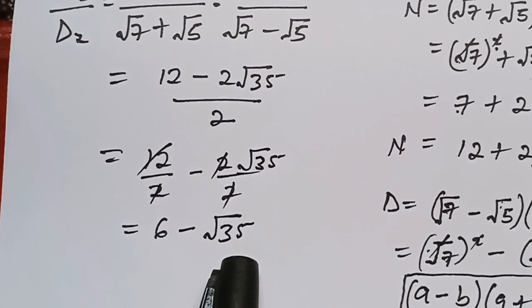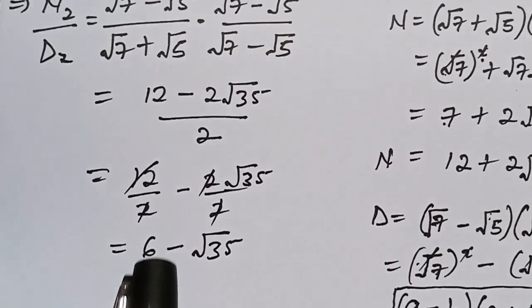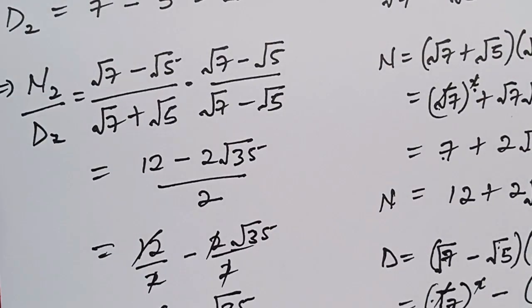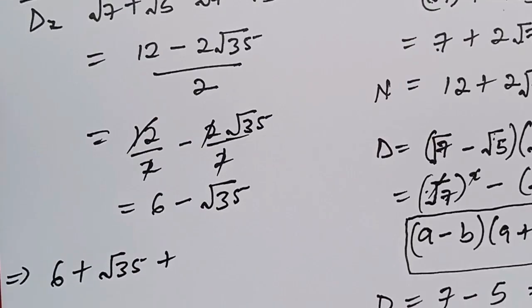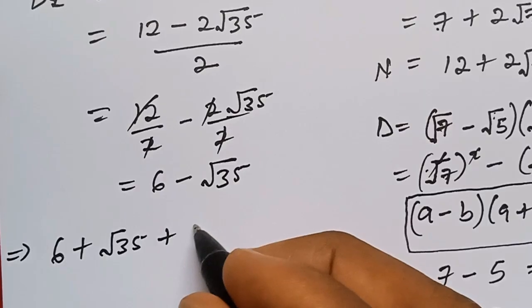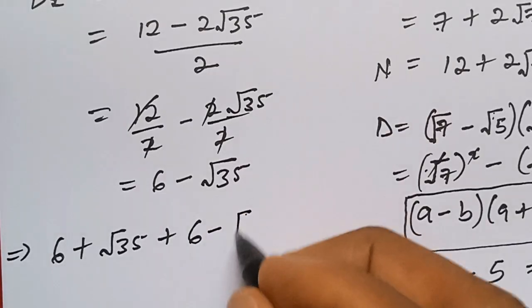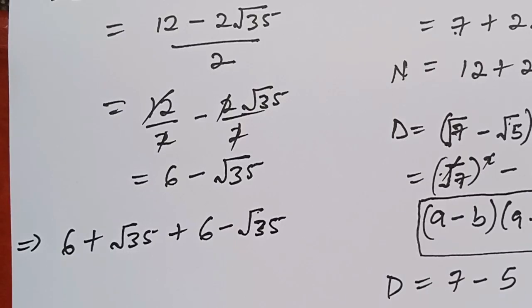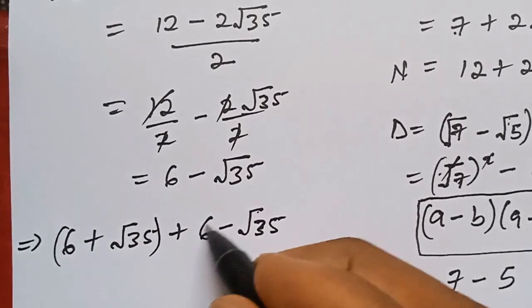Then we now add this one and the resulting answer for this together. So for both, we have 6 plus square root of 35 plus 6 minus square root of 35. So that's what we have for the two.